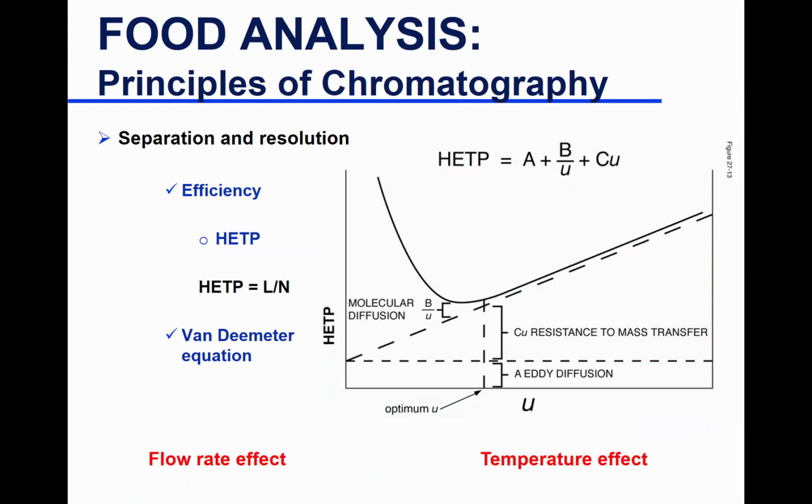I'm going to talk about the height equivalent of a theoretical plate because what's important is not the length of the column, but the height of each plate. The height equivalent of a theoretical plate is the length of the column divided by N, the number of theoretical plates.